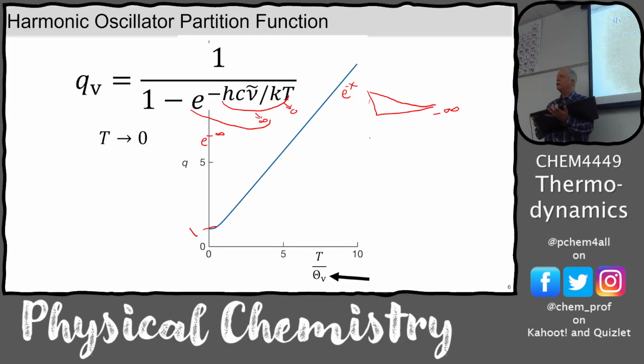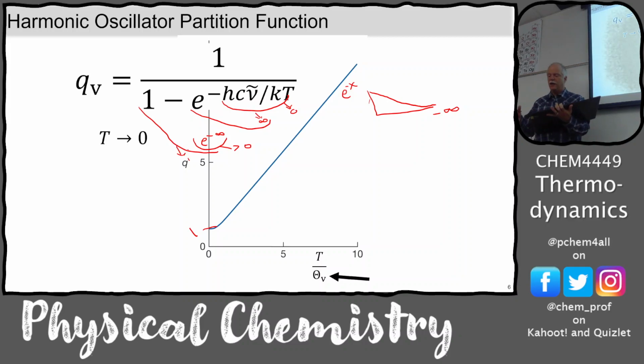What's that curve doing? Yeah, it goes to 0. So this piece here goes to 0. And now 1 minus 0 is 1, and 1 over 1 is 1. So this whole thing then goes to 1.